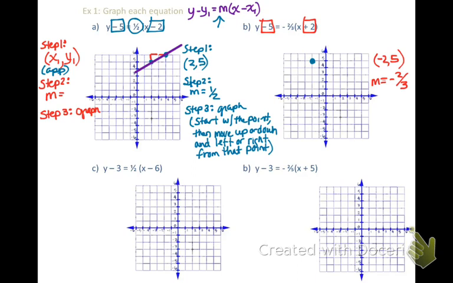It says -2/3, so I'm going to go down 2, 1, 2, and over 3, 1, 2, 3, and put my point. And there are my 2 points, and now I'm going to graph them. And there you go.